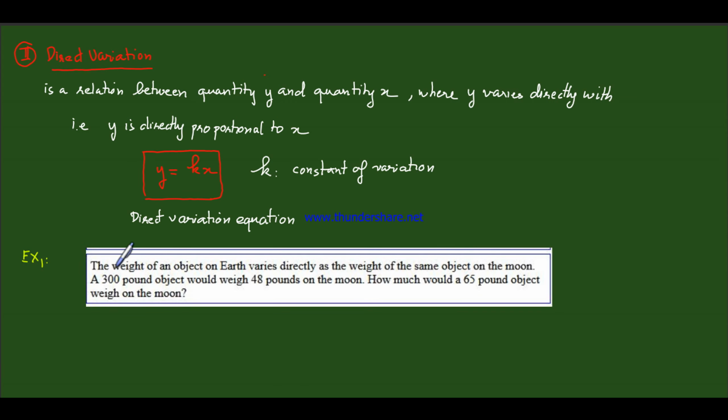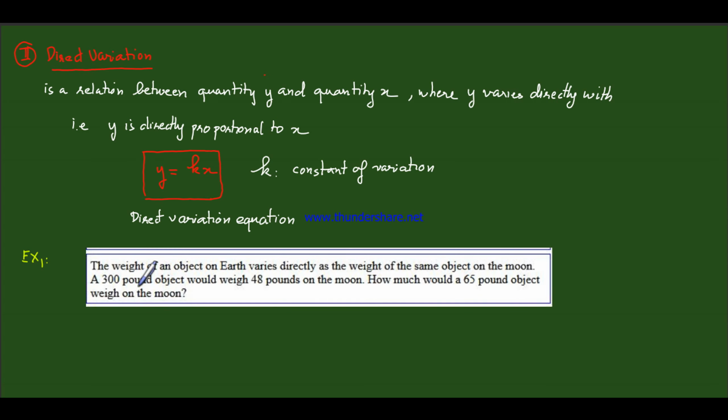If you read the problem, the weight of an object on Earth varies directly as the weight of the same object on the moon.